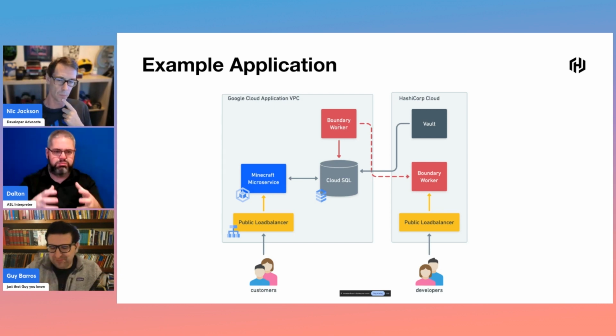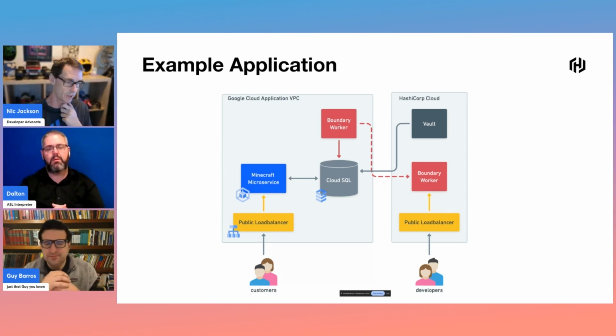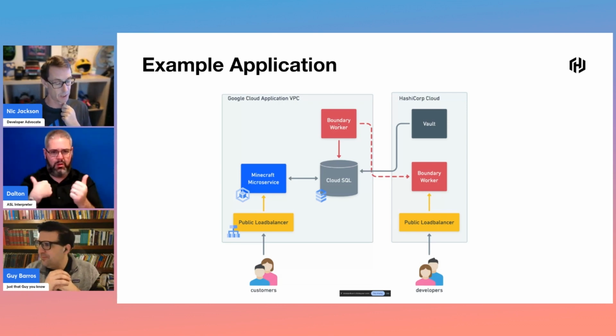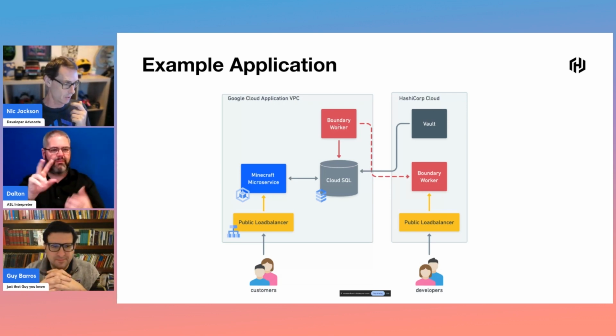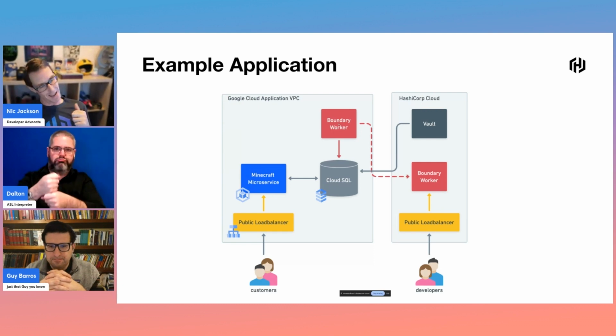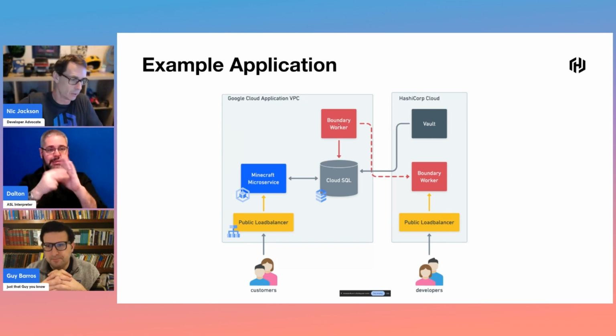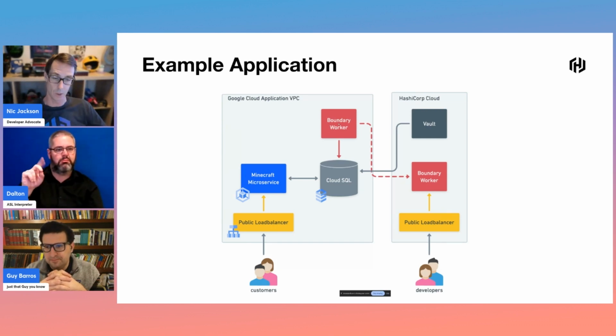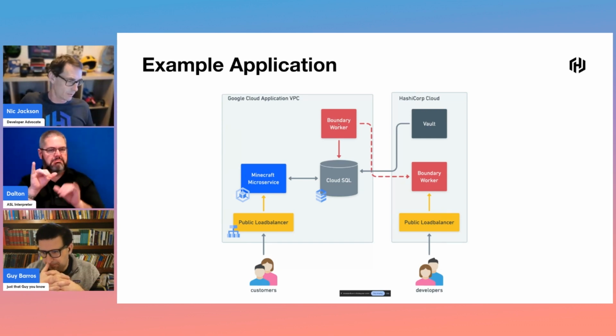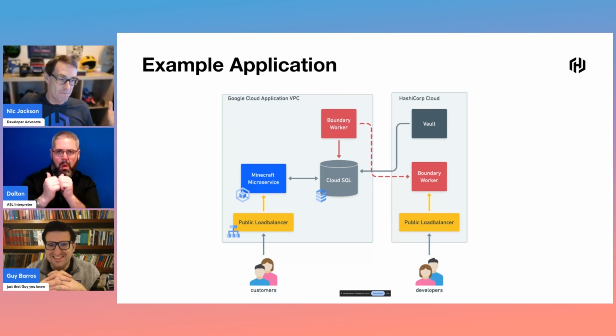To provide credentials to the Cloud SQL database, we're going to use Vault. Vault is going to dynamically generate those credentials. To get access to the database, because actually there's no public access to it, we're going to use Boundary. And you'll see how that works as well. Well, I'm saying how it works, it might work.